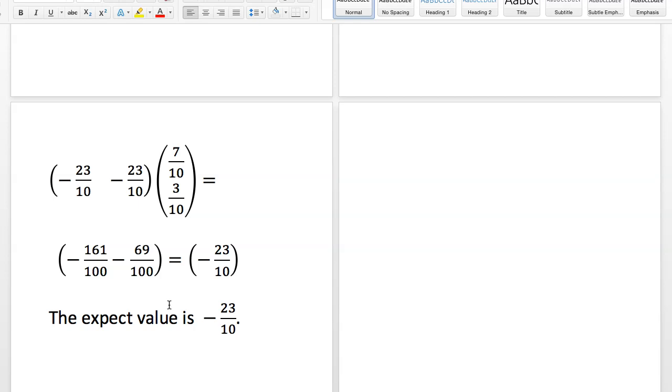So that means the column antagonist can expect to win on average negative 2.3 whatever.